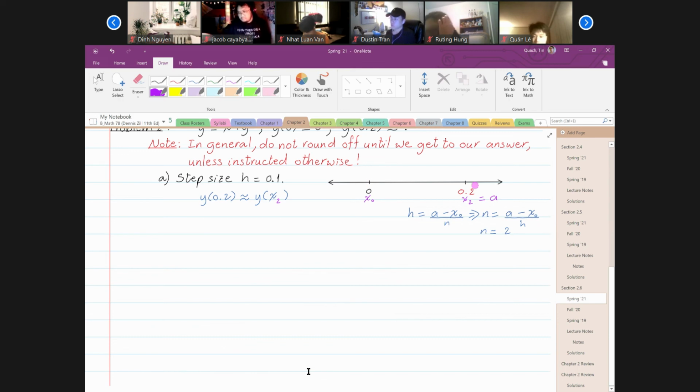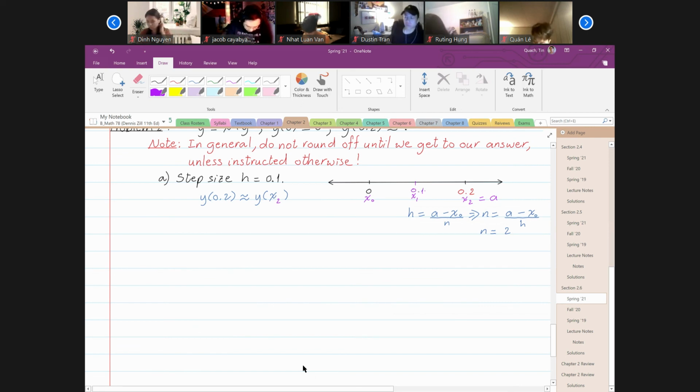So here's your entire interval, and you have this as x sub 1. What is x sub 1? Here is 0, then the next one is 0 plus h. h is 0.1, so that's 0.1.